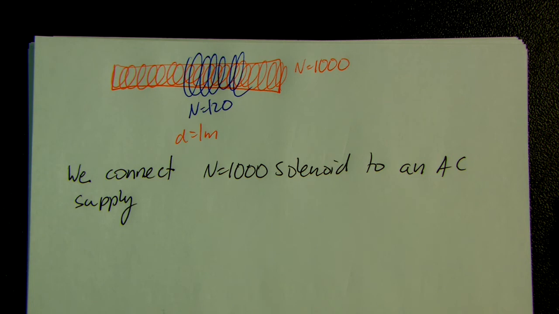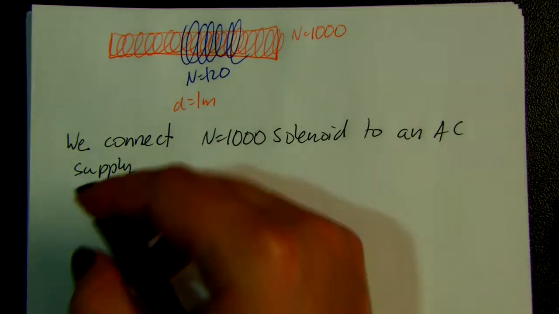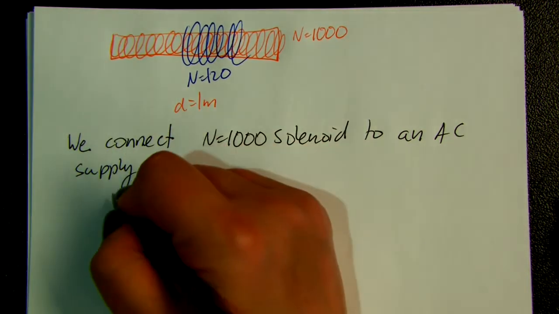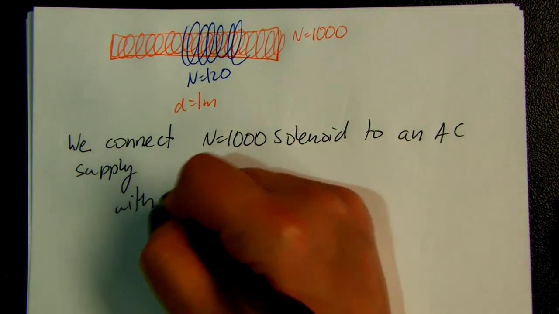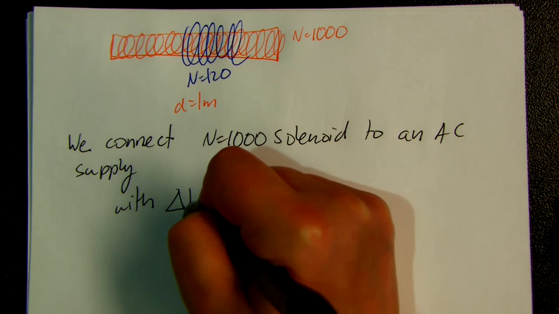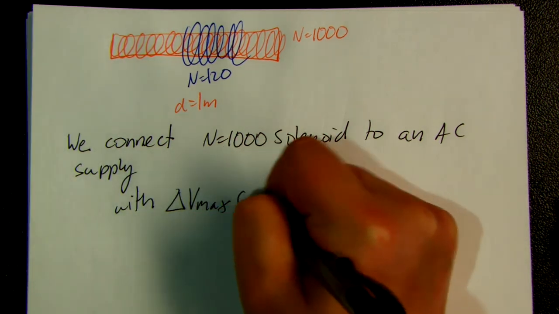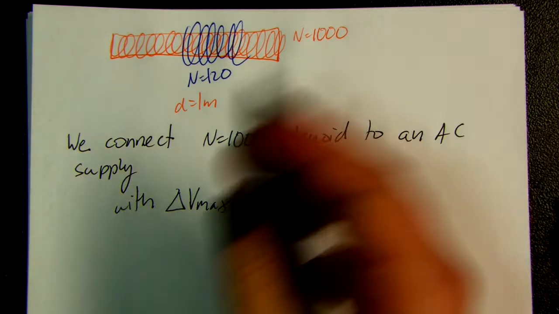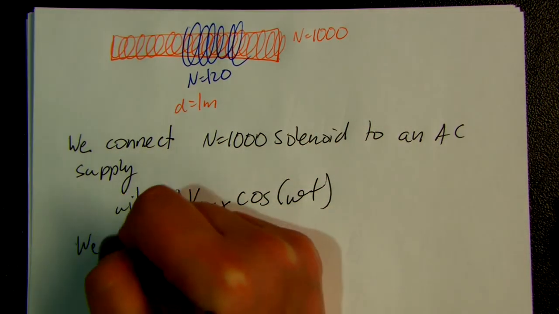And the main reason why we don't work with too much AC current is it's actually more dangerous. But very practical for home applications. All right, and this alternating current has a delta V max cosine omega t.